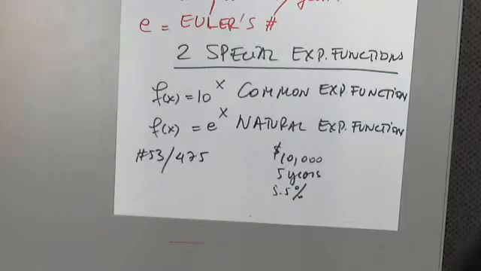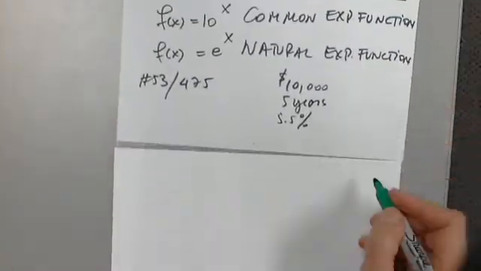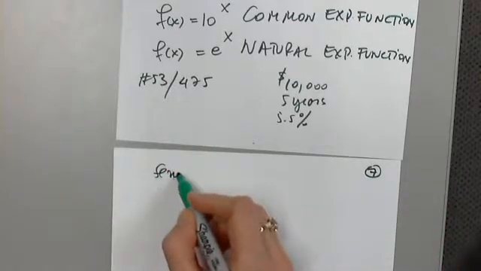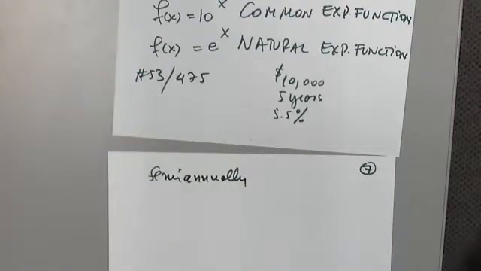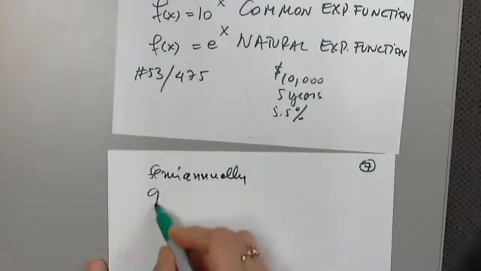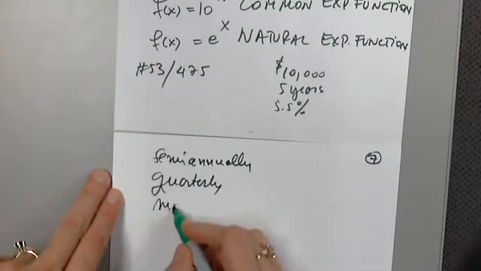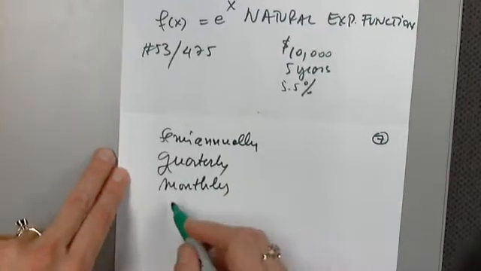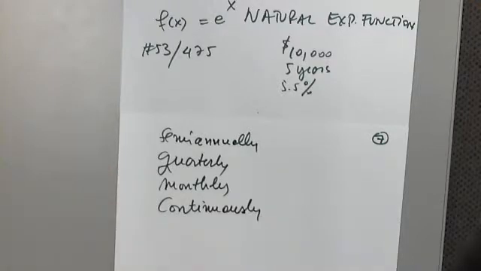If the money is compounded semi-annually, if the interest is compounded quarterly, and monthly, and then continuously. So I copied the information, but I didn't say which one is what. So we have to identify them.